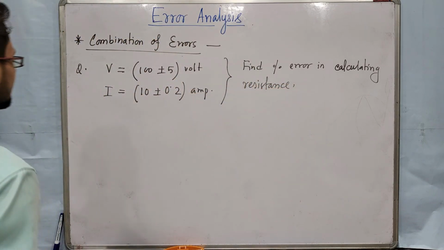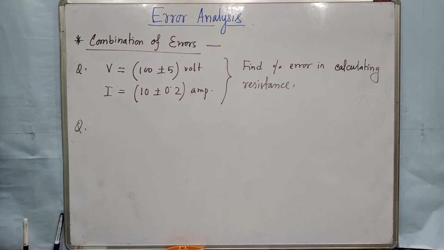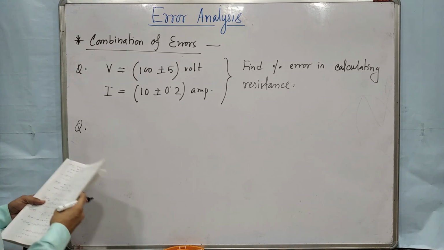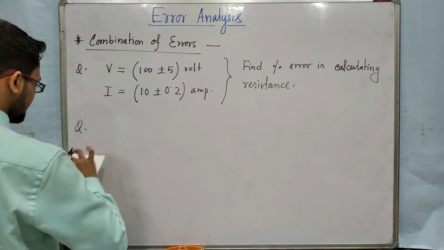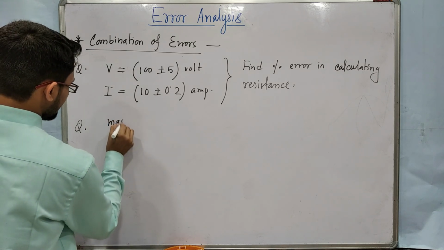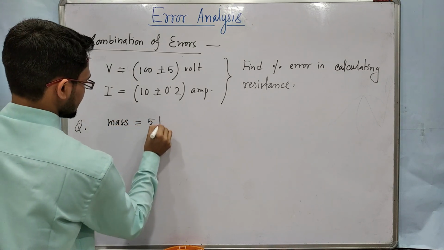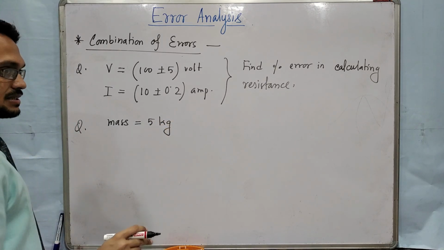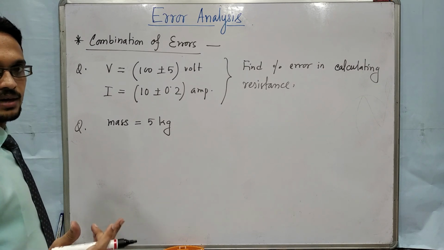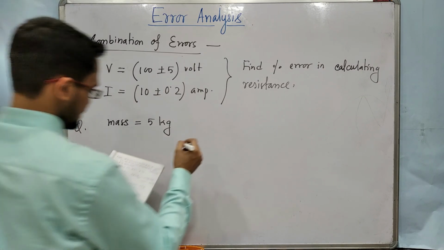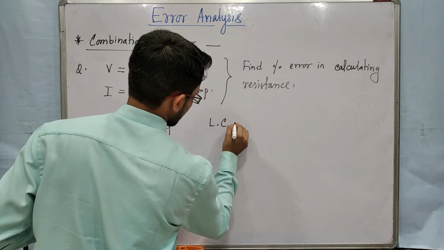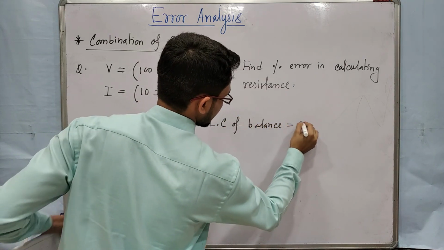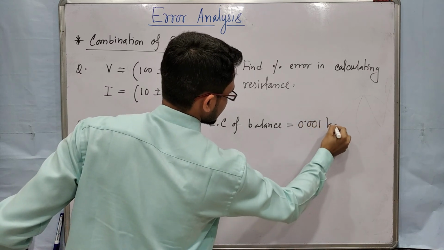Another question I am giving. Suppose you are measuring mass of a quantity 5 kg. And the mass is measured by beam balance, and the least count of the balance will be 0.001 kg.